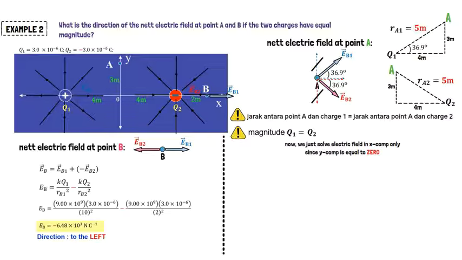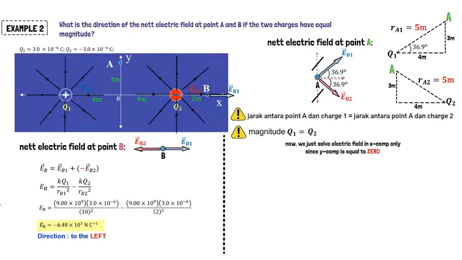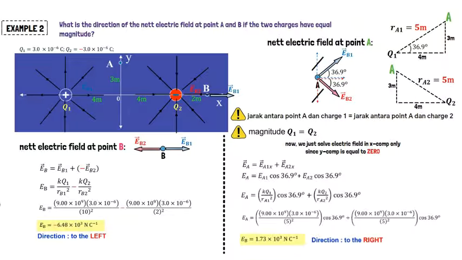So the net electric field at point A, we can write as EA1X plus EA2X. Okay, so EA1X is actually equal to EA1 cos 36.9 plus EA2 cos 36.9. Okay, so EA1 kita kena kira lah, where EA1 is the electric field due to charge 1.